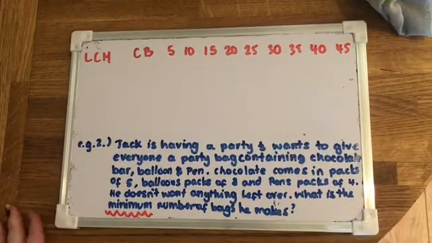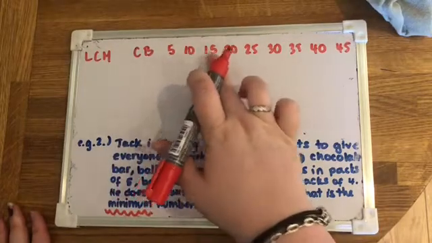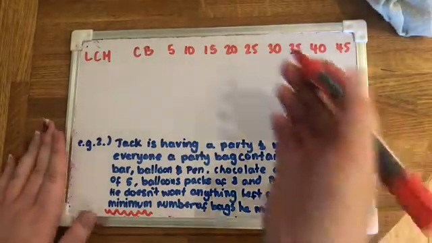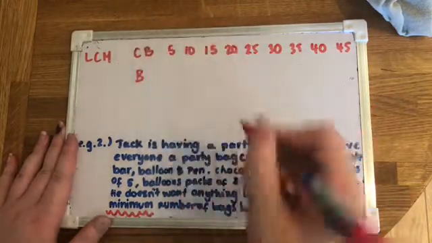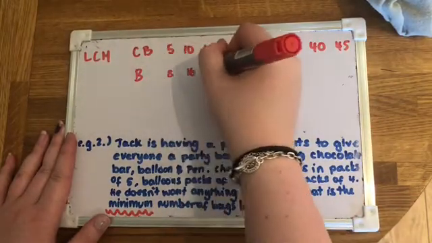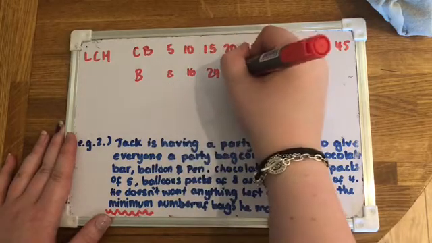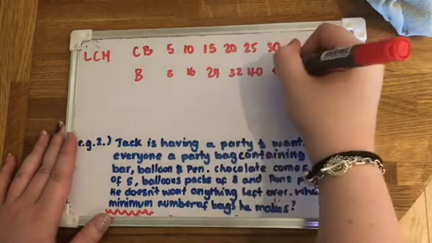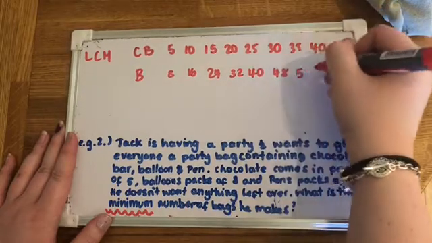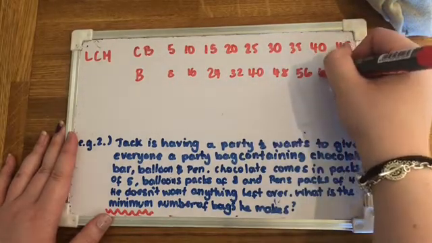Okay, so that's if I got 1 pack, 2 packs, 3 packs and so on, that's how many chocolate bars I'll have. Then we focus on the balloons. The balloons come in packs of 8. So 8, 16, 24, 32, 40, 48, 56, 64.